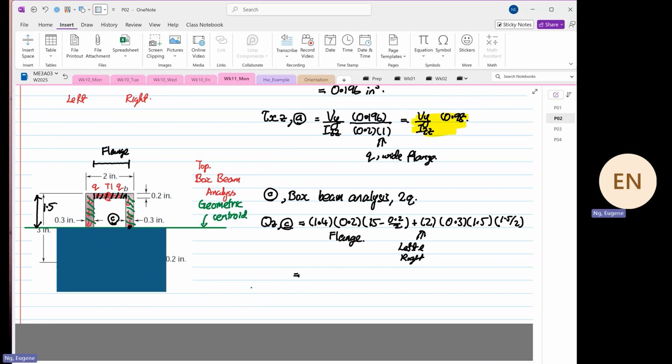So this will be equal to, answer by 1.4. So we get 0.392 plus 0.675. So this is equal to 1.067.